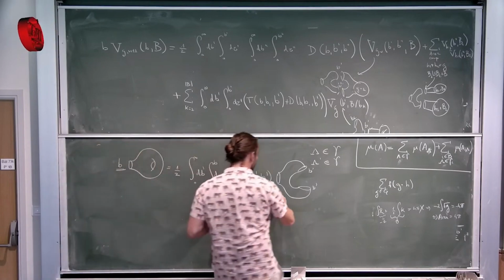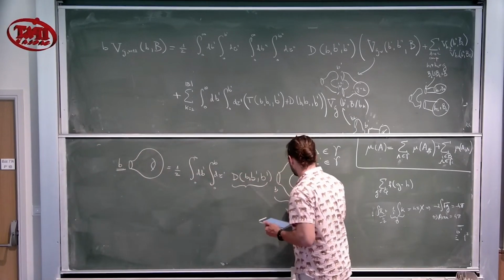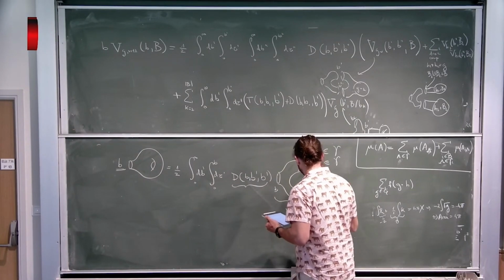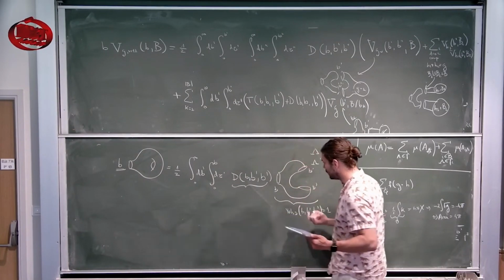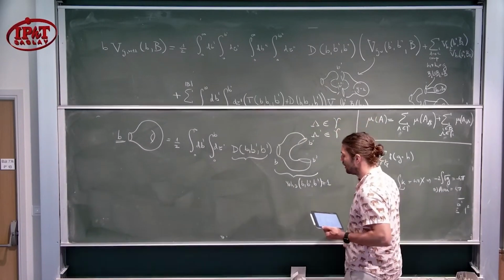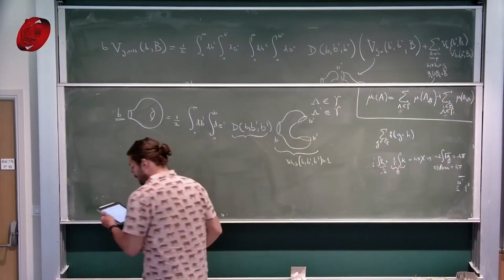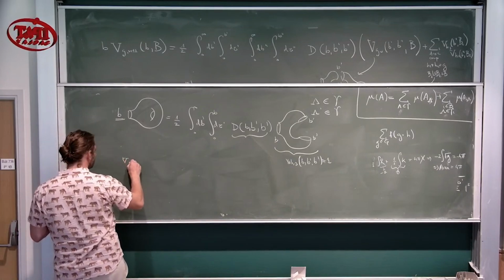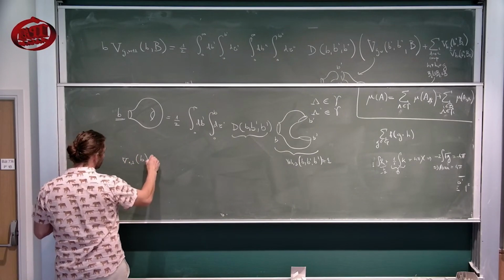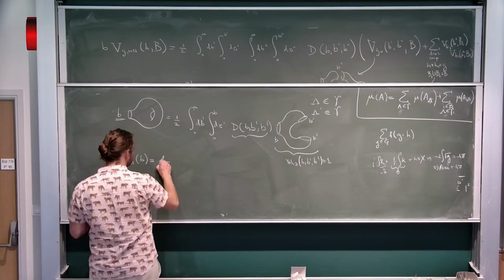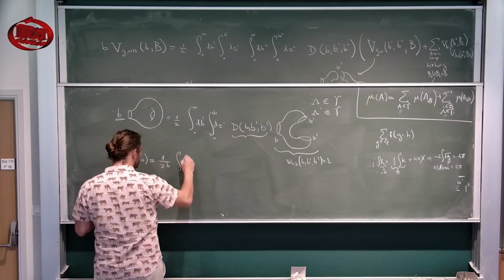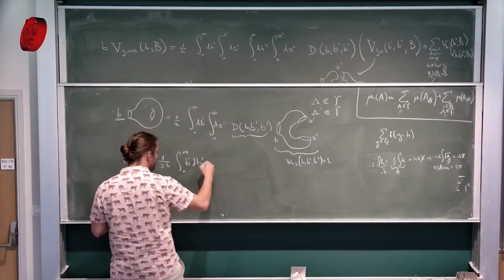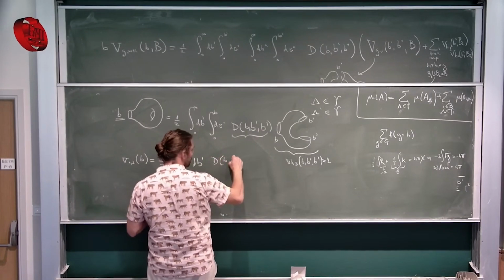The volume of this, as I said earlier, V_0,3 of b prime is equal to 1. There's a unique pair of pants with these lengths, which means that V_1,1 of b is 1 over 2b times the integral from 0 to infinity of b prime db prime.